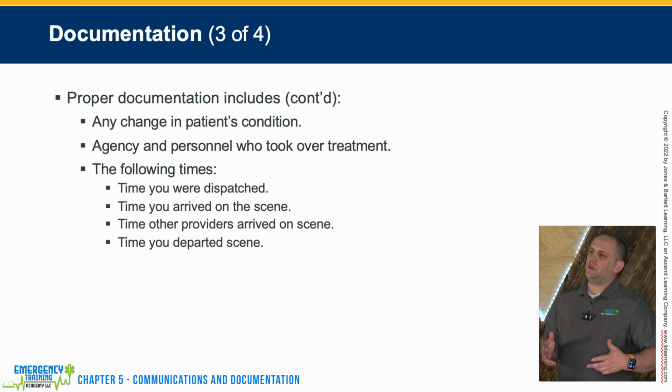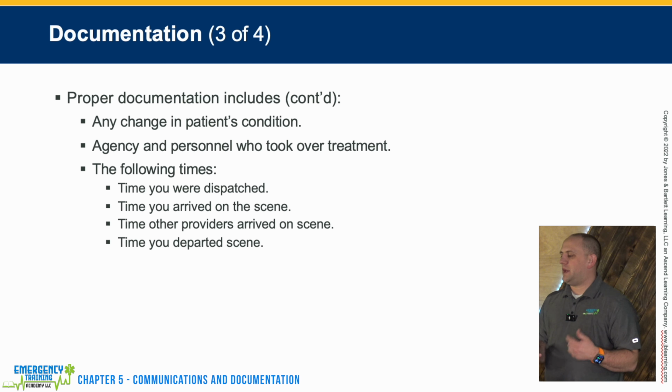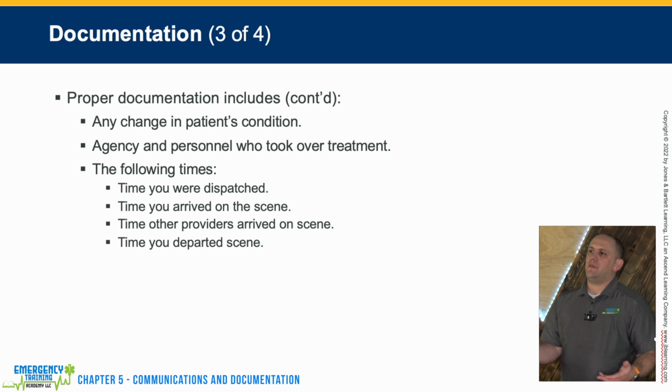It's really important to document changes in patient condition. You may have that patient for a long time. It may be an extended period before somebody else is able to arrive on scene and help you out. So we need to be looking at the patient in specific intervals. If they're a critically sick or critically injured patient, we want to be reevaluating them every 5 minutes and documenting if there are any changes.